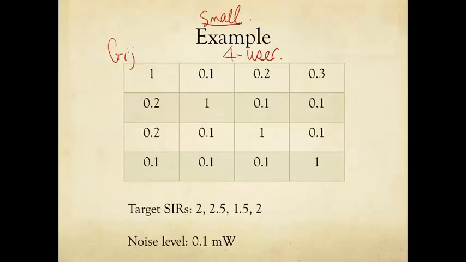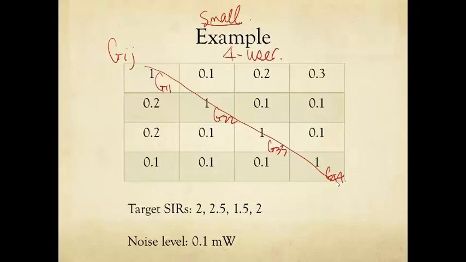Okay, there are 4 users. And we're going to make up some numbers that will make our computation very easy. We say the diagonal entries, which are G11, G22, G33, and G44, are all the same, which is 1. Okay?